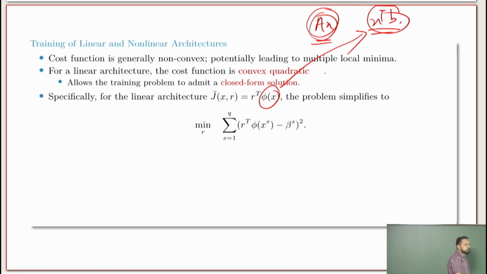You could have also written it as phi transpose X, R. So this is the same as phi transpose R. So if it is linear, J tilde of R is replaced by the linear type minus beta s n squared. So this is our cost, and I have already derived that it is a QP, and it is convex.